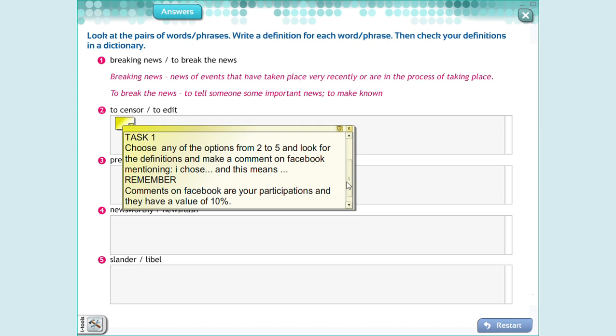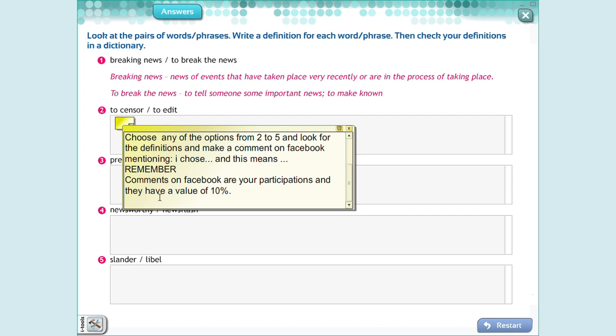And a reminder is that you have to do these comments or participate because they are part of your evaluation. They are 10% that in the end, if you forgot to do any homework, this participation is going to give you an extra help. But remember, it is part of your evaluation. So please make sure you do your comments and follow the instructions.